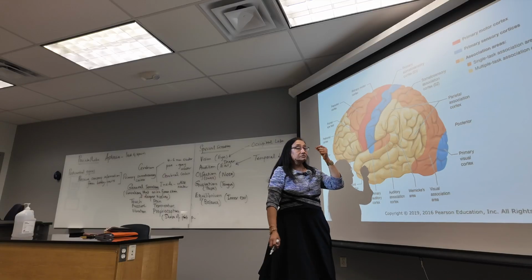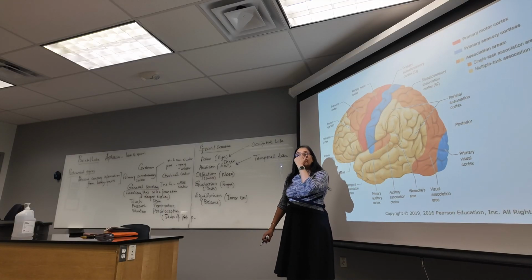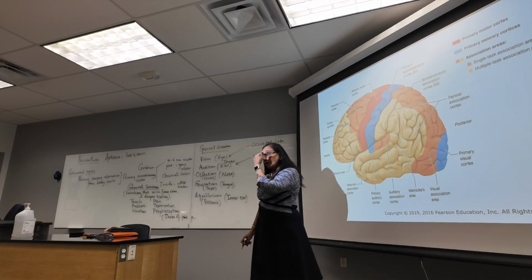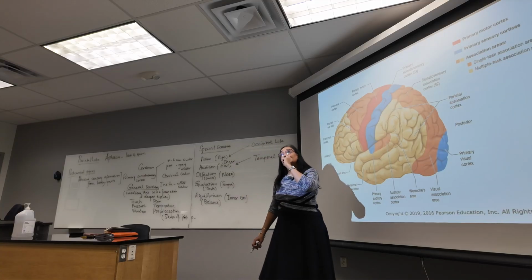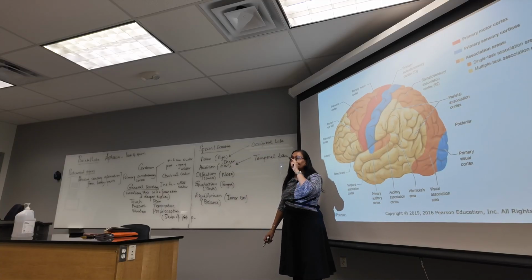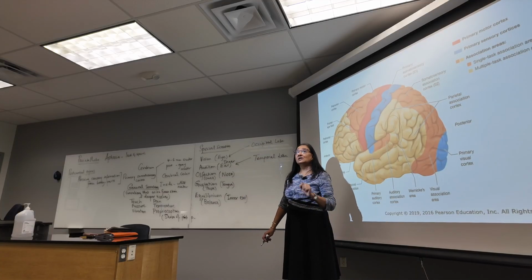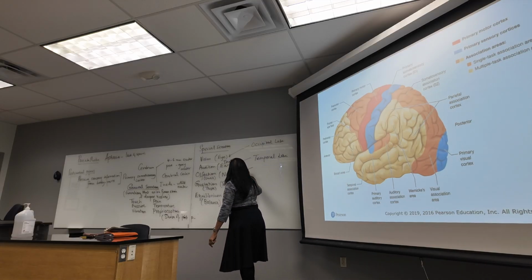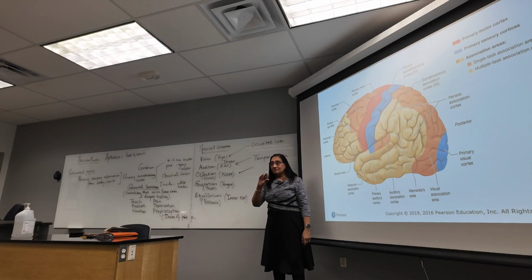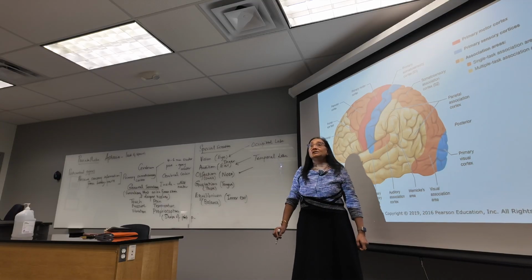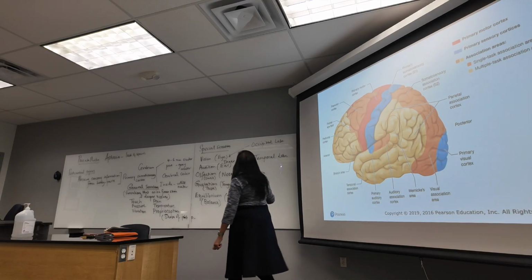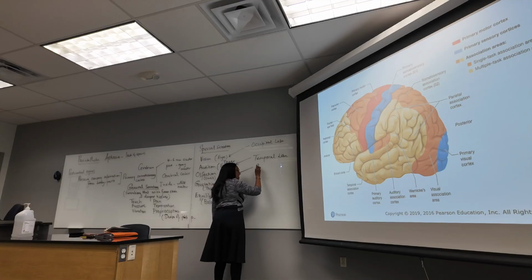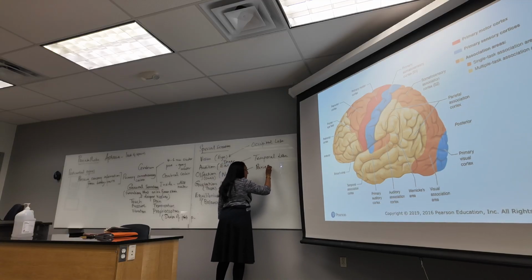Olfaction, smell. There are specific cells in the roof of your nose which detect the smell, and then they carry the information. The neurons that are capable of interpreting the smell are located in parts of the parietal lobe and the temporal lobe.